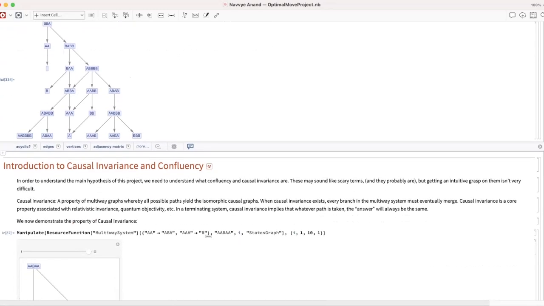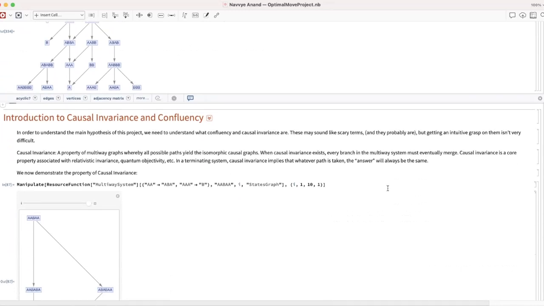They might sound like scary terms, and that's because they probably are. But getting an intuitive grasp of them isn't that difficult. So causal invariance is a property of multi-way graphs whereby all possible paths yield the same isomorphic causal graph. And that might sound scary again, but getting a grasp on it, as I'll explain, is quite easy.